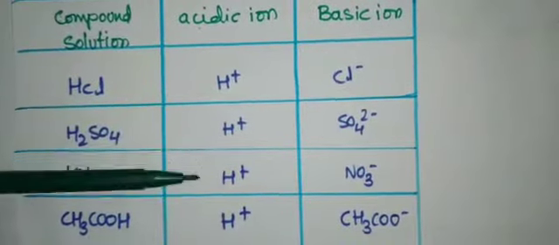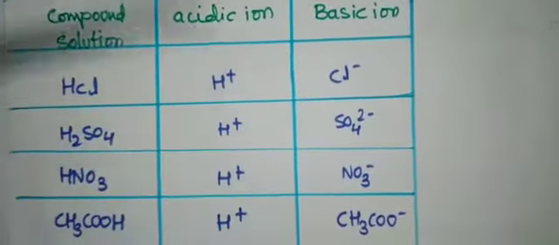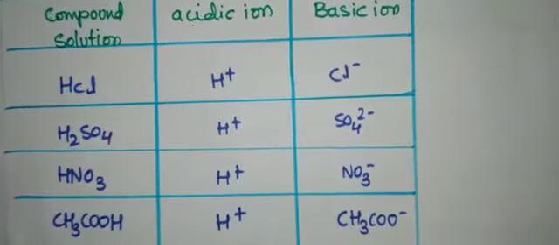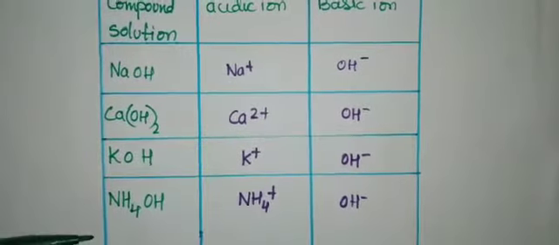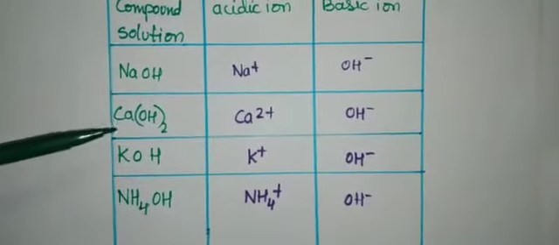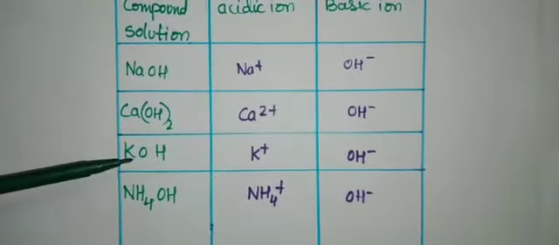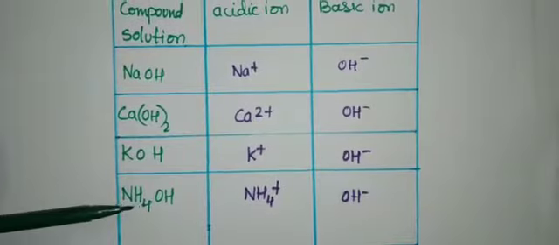So in the same way you can write the tabular column for bases also. Students, here I have taken some basic solutions, that is sodium hydroxide, calcium hydroxide, potassium hydroxide and ammonium hydroxide.